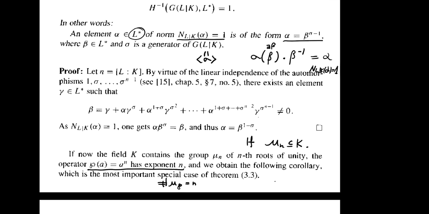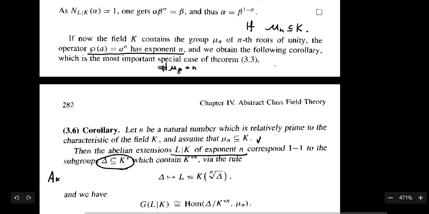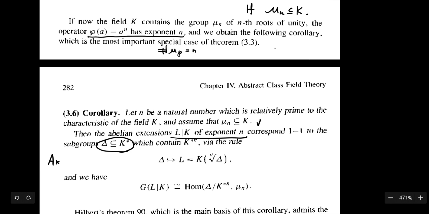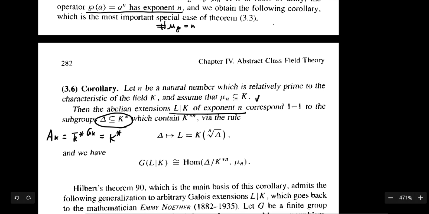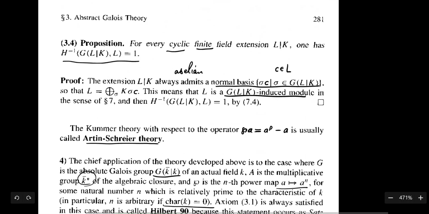And then we have the special A K, which is the fixed point. And so the theorem tells you that those containing A K P and containing A K, is it?